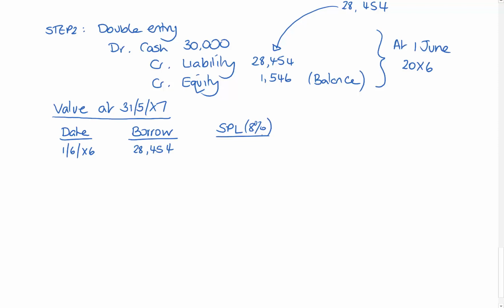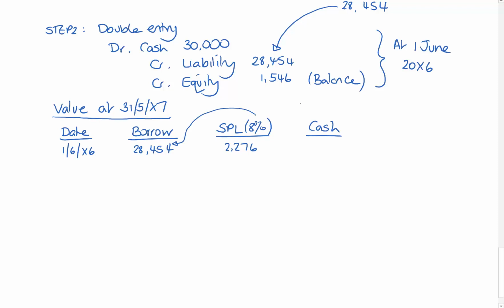There's an 8% interest charge because you charge the rate of interest that would be applied to similar non-convertible bonds. So 28454 times 8% gives me a figure of 2276. That's 8% multiplied by the amount that I've borrowed.